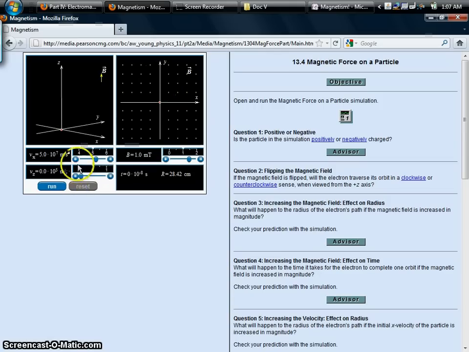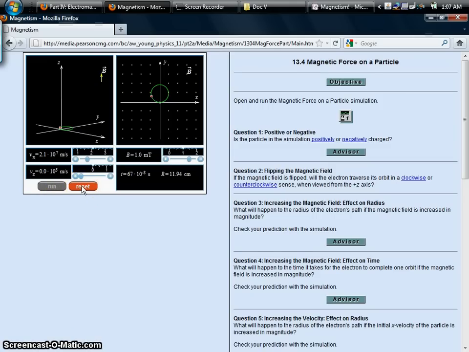What happens if I make it go slower? How's that going to affect the radius of the orbit? Let's go ahead and run it. Notice you get a smaller circle. So the radius of your orbit is directly dependent on how fast you're going.